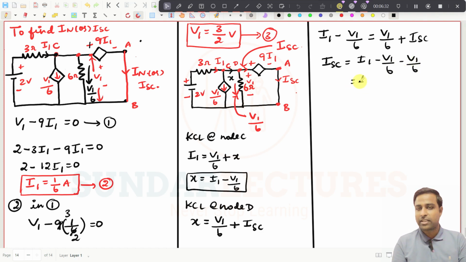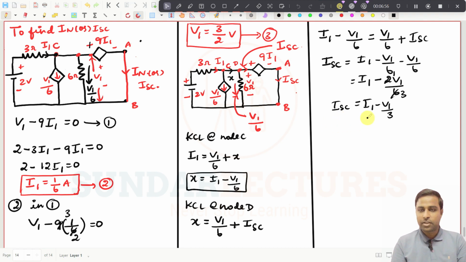Further simplifying, this is I1 minus 2V1 by 6. If you cancel this, this will be 3 times and this will be 1 time. So it will be I1 minus V1 by 3. That should be ISC.